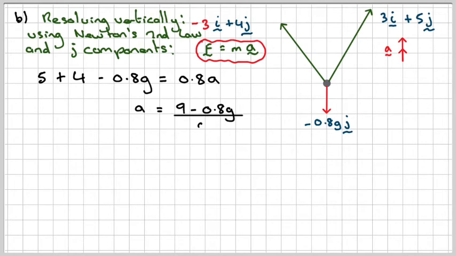So that acceleration will be 9 minus 0.8 g divided by 0.8, which will give 1.45 meters per second squared.